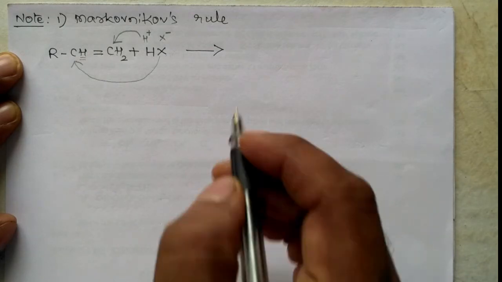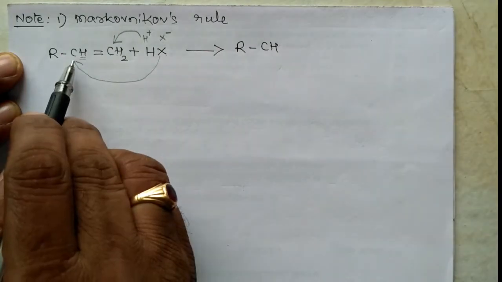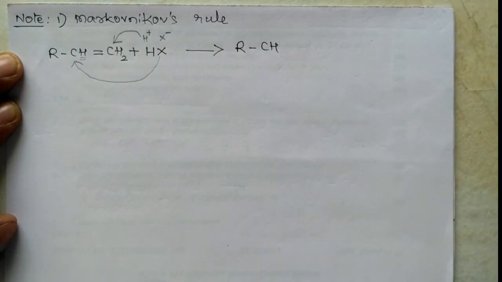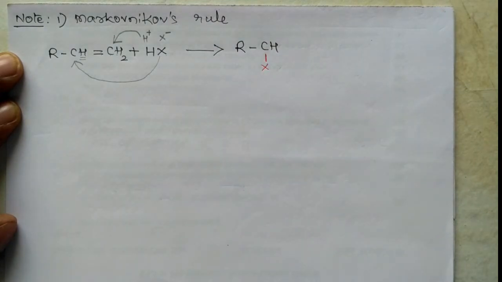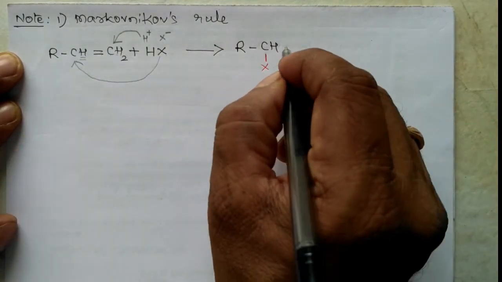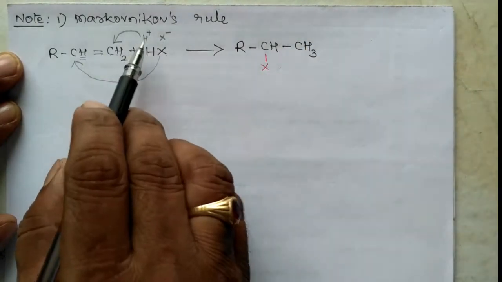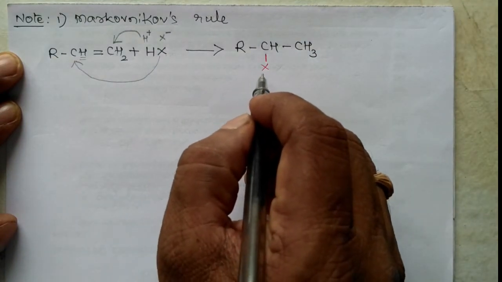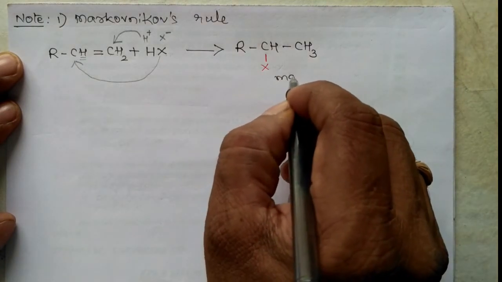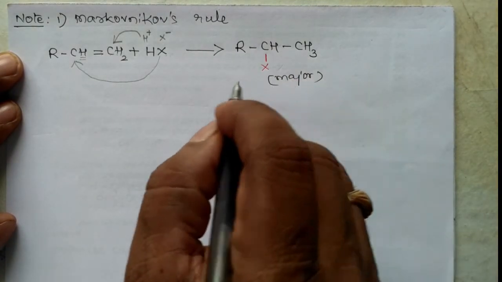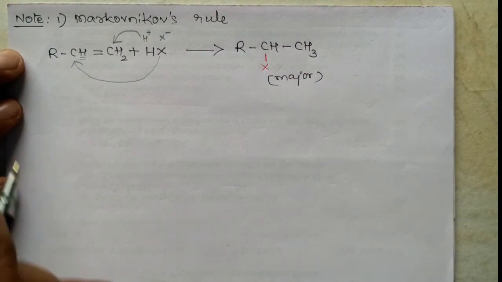So the product is RCH with X here, the double bond is removed, CH3 with H added here. You are going to get the major product, 2-haloalkane.